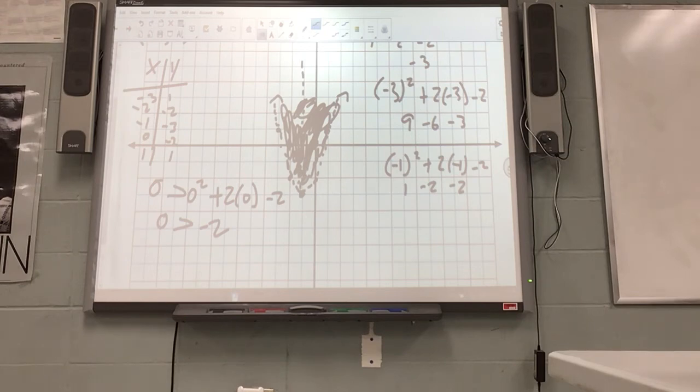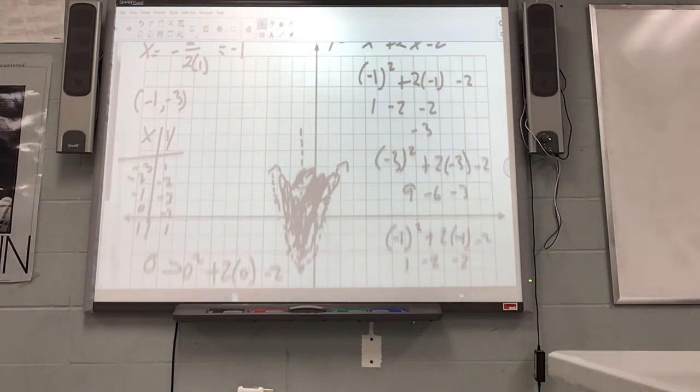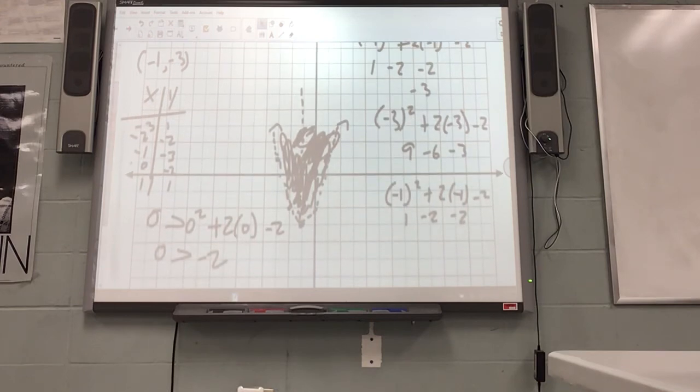I got one more for you to try. Scroll a little bit for you. Are we going to do domain, range? No, they never ask for that on the shaded ones, so we don't have to worry about that.